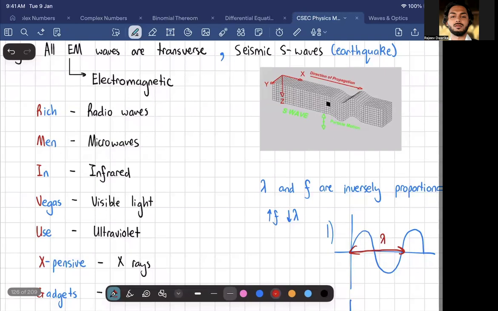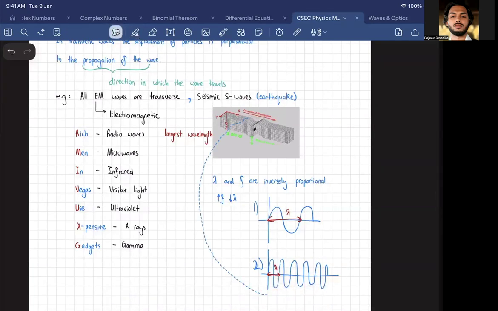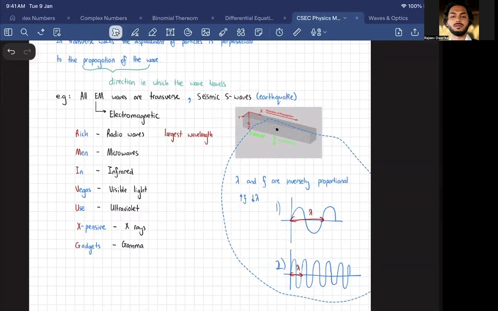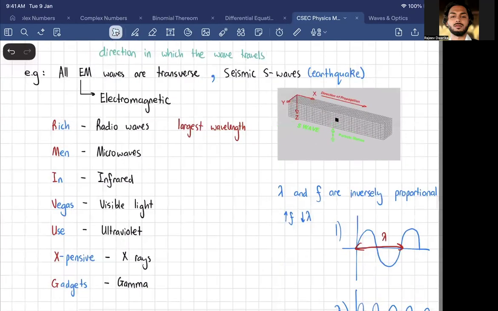So the radio waves have the largest wavelength. Because that makes sense, right? Because if we're talking about a radio wave, doesn't it travel far? Yeah, they do. They have to travel far distances, so like a large wavelength.